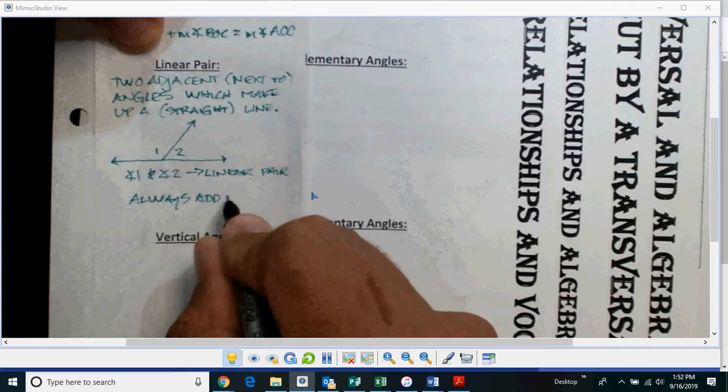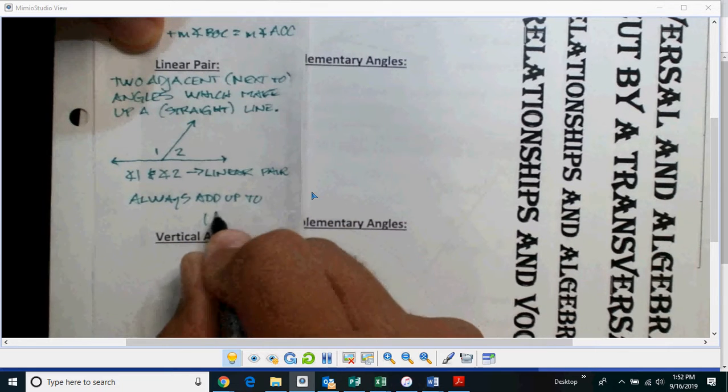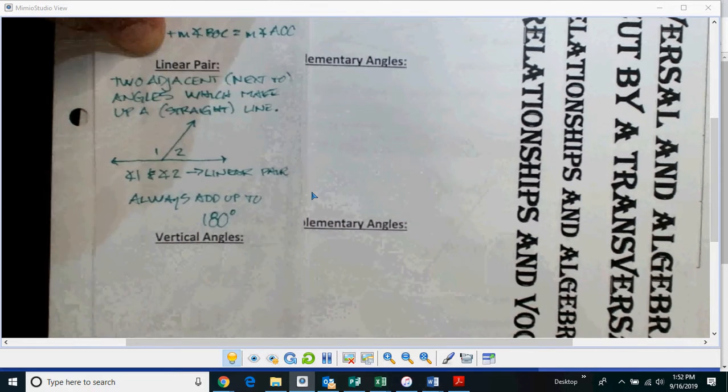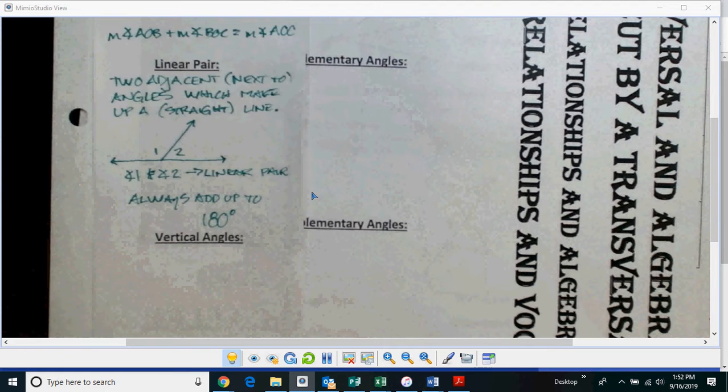What's angle 79? There is no angle 79, I haven't drawn one. All right, questions there? So they always add up to 180.